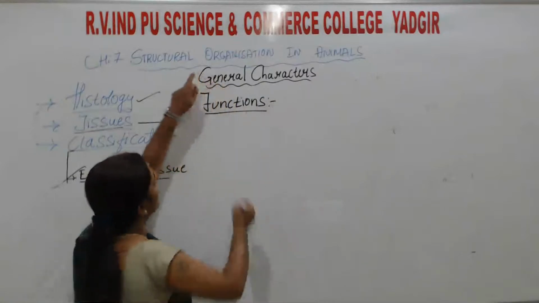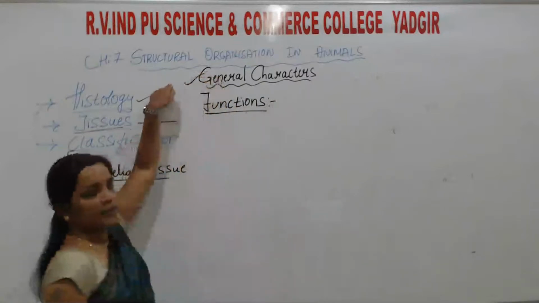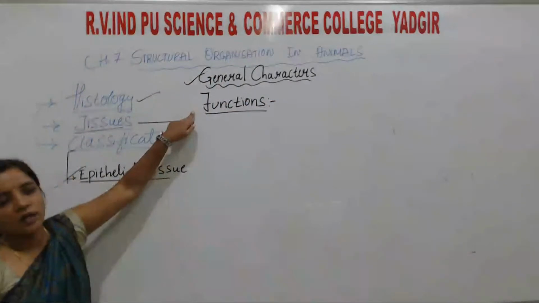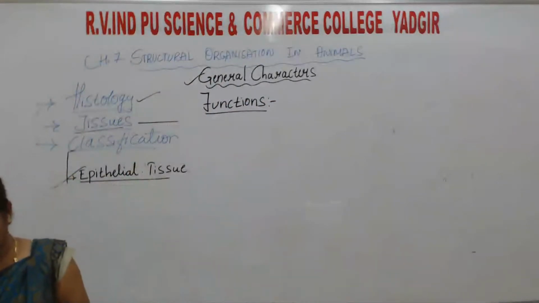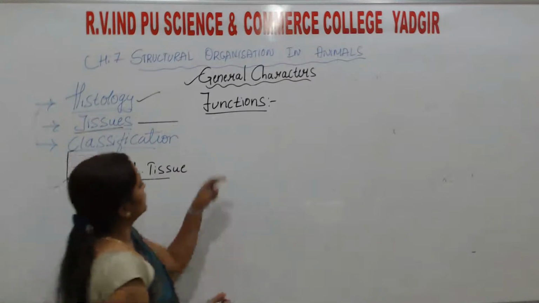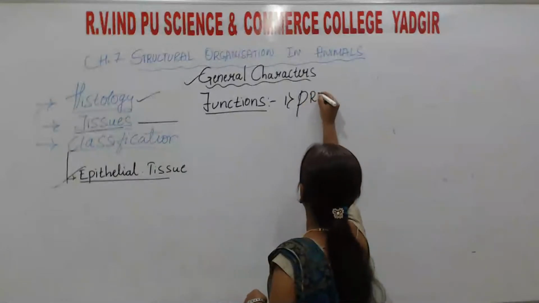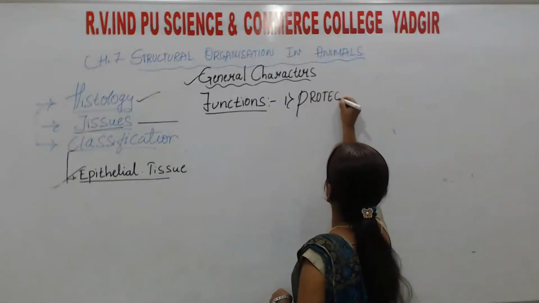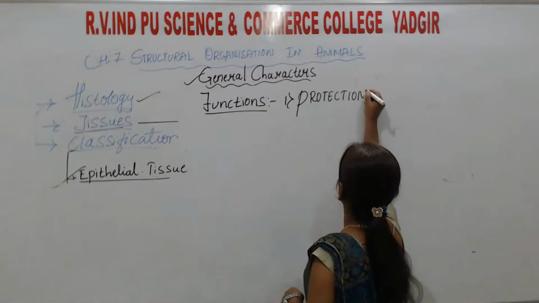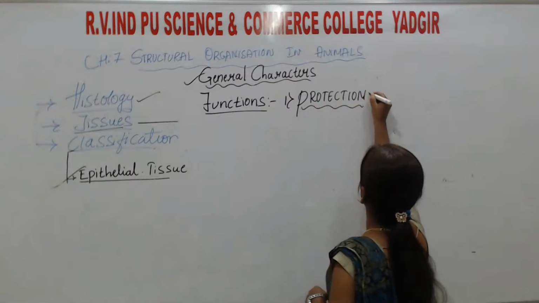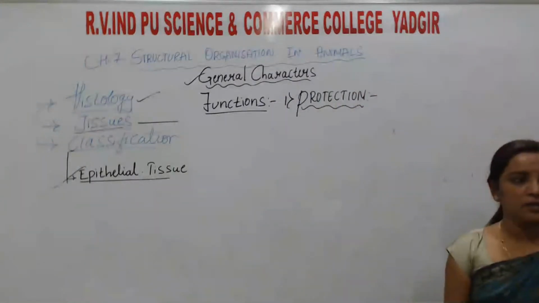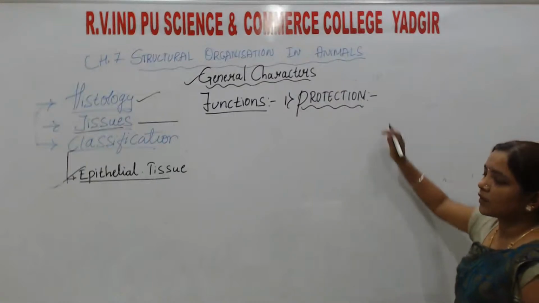We have completed general characters of epithelial tissue. Next, coming to the functions of epithelial tissue. The first function is protection.